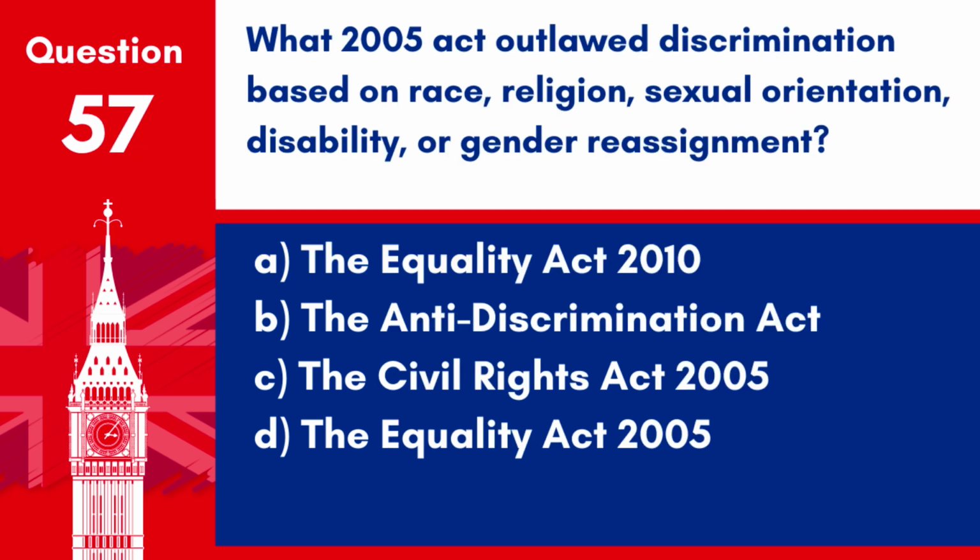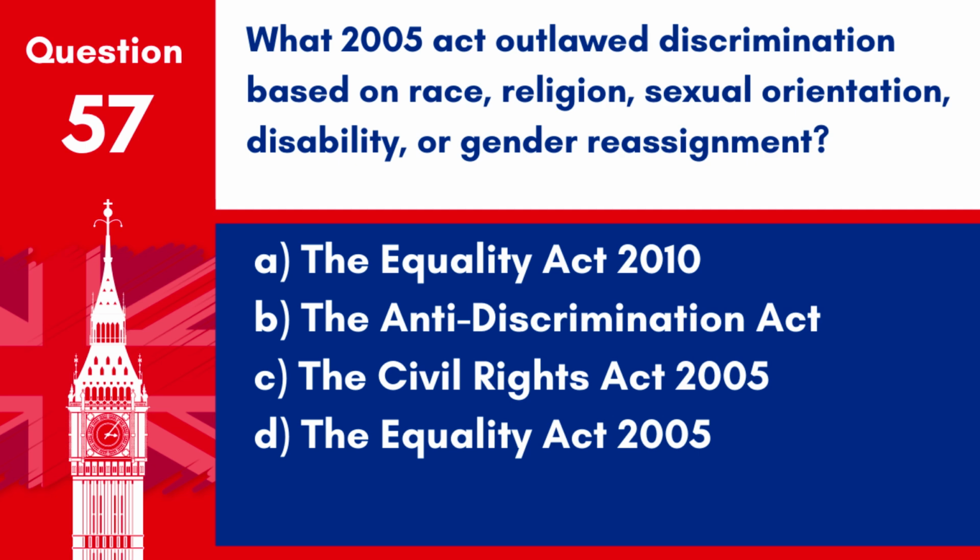Question 57. What 2005 Act outlawed discrimination based on race, religion, sexual orientation, disability, or gender reassignment? A. The Equality Act 2010. B. The Anti-Discrimination Act. C. The Civil Rights Act 2005.